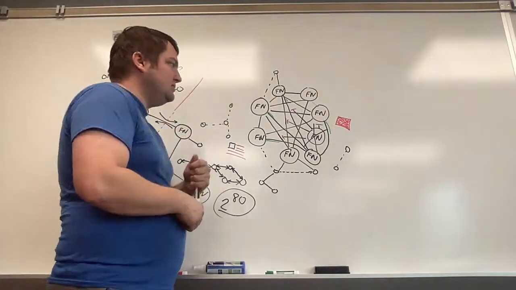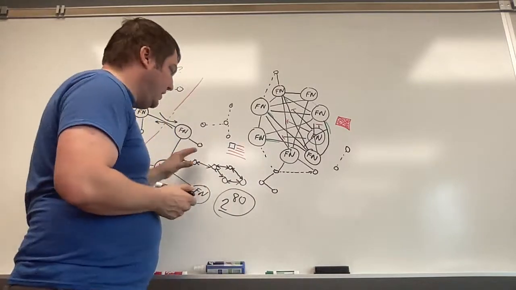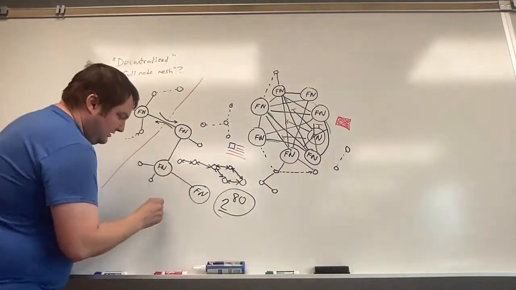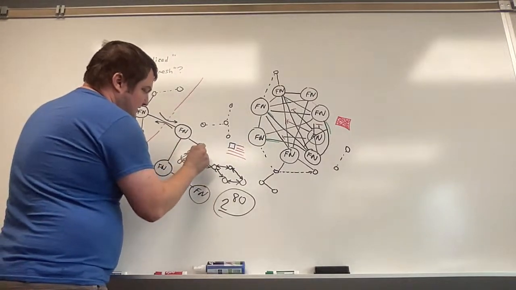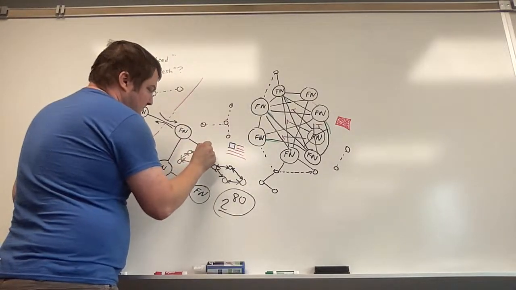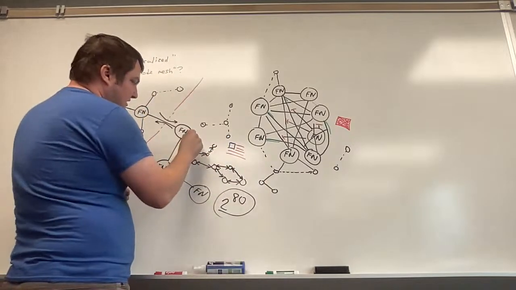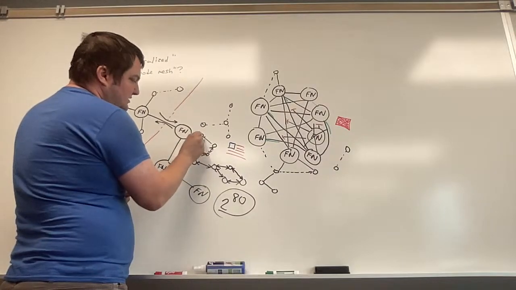That is a fatal flaw in that system. You don't want to pretend that problem doesn't exist. You don't want to pretend that I'm going to have to branch out and send this out to 2 to the 80. Well, it's not going to be 2 to the 80 because you're going to have cross connections.